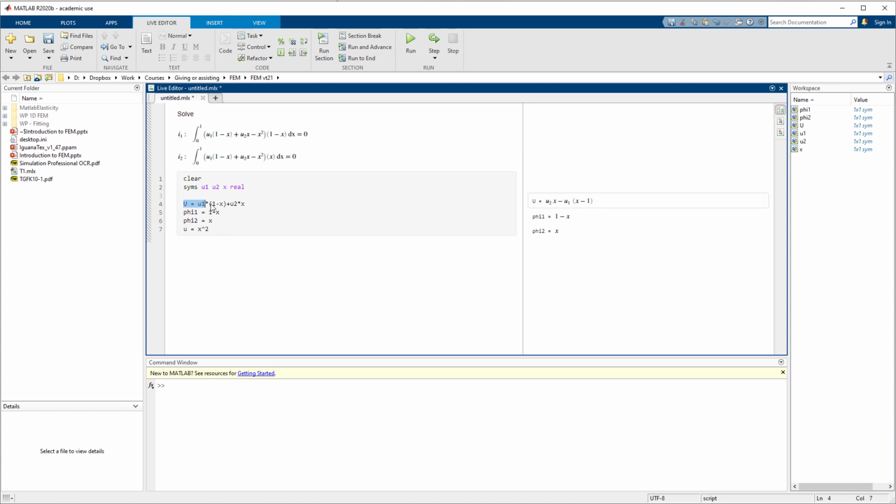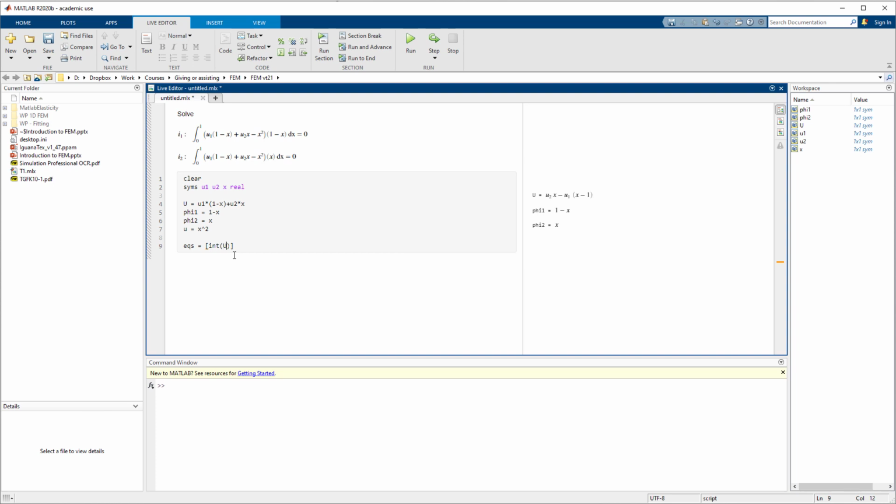So we have the approximation, we have the true solution, we have our basis functions. Now we can formulate this system. I'm going to make things a little more compact and do equations, and then I'm going to make a list. So basically I'm saying, all right, I want to integrate. And what do I want to integrate?